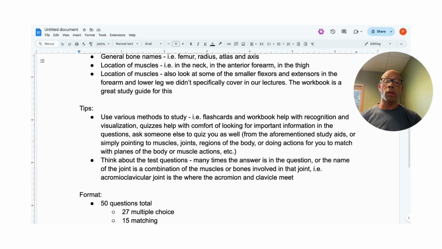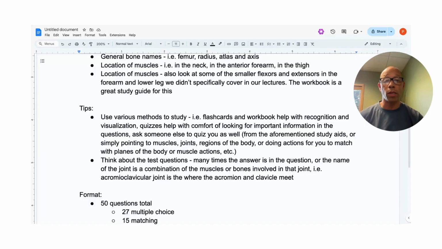And then the quizzes too. Look over all those quizzes, maybe retake some of the quizzes, or just look at the quiz keys as well, especially when you're questioning anything. That just helps with the comfort of looking for specific information. The more you take quizzes, the more comfortable you get with it, because you know you're looking for specific elements in the question, like the names of muscles and bones and joints.